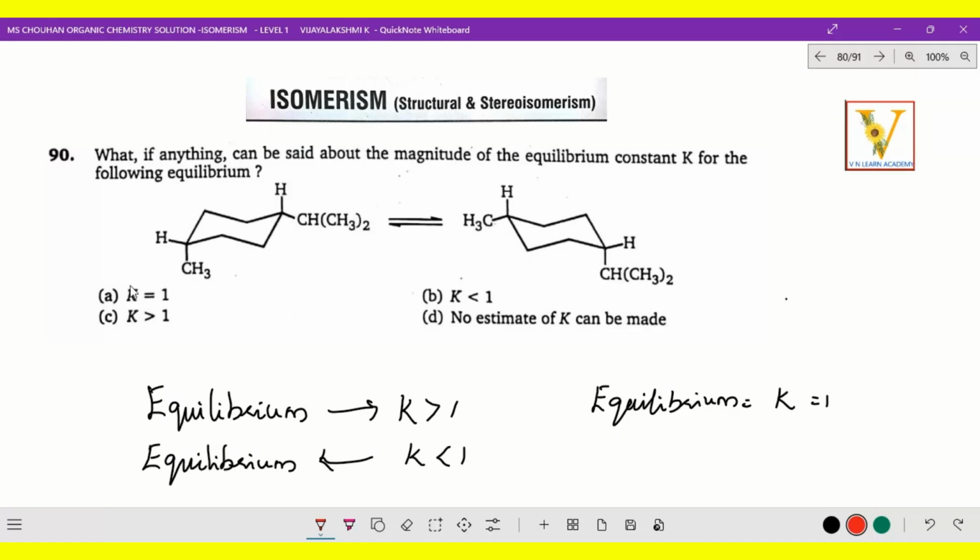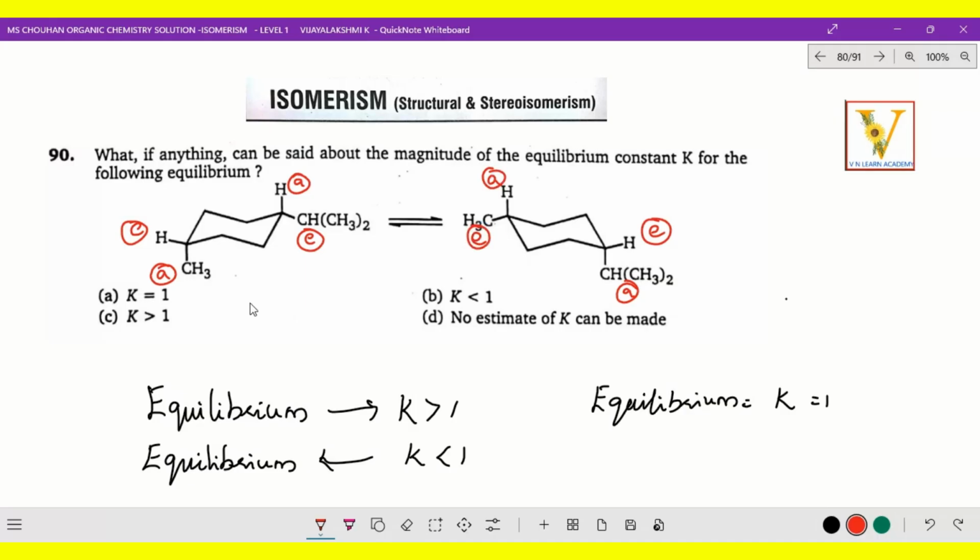See, here they are asking only whether this reaction is a forward reaction or backward reaction. Now how to identify? As you observe this compound here, this point is axial and this point is equatorial, and the same way this is equatorial and this is axial, right? And the same way this point here is axial and this is equatorial, right? And the same way this side axial and equatorial.